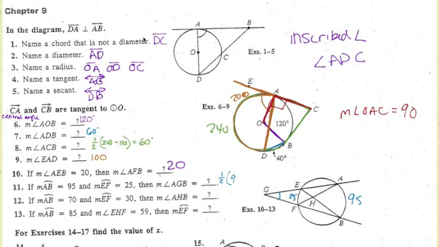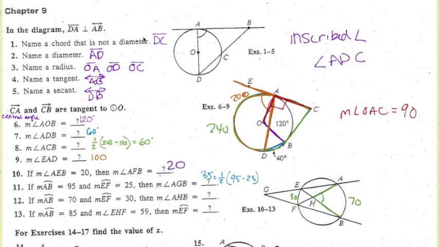Half of the subtraction, or the difference. Okay. Angle outside is half of the difference of the arcs.